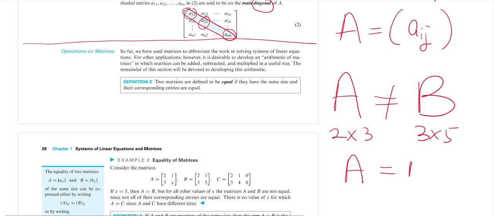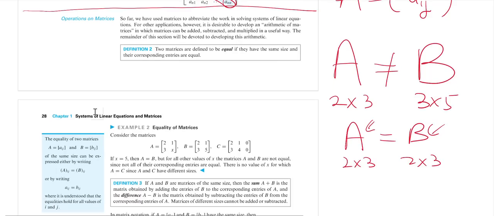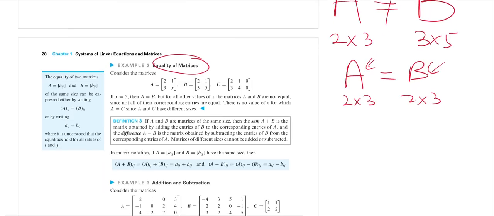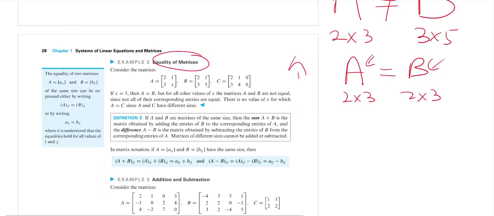But they can also have the same size, 2 by 3 and 2 by 3, and still not be equal unless all the entries of matrix A and all the entries of matrix B are the same. So that's the definition of equality of matrices. You can read all this here. It's pretty straightforward, but it's critical.